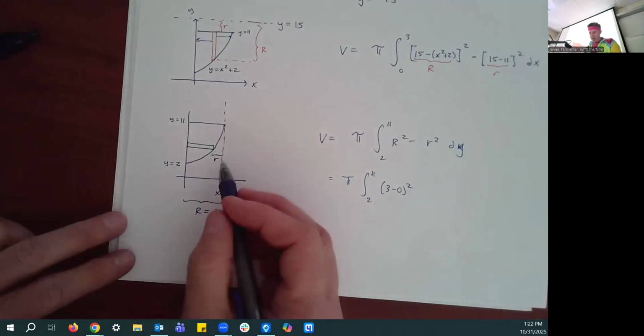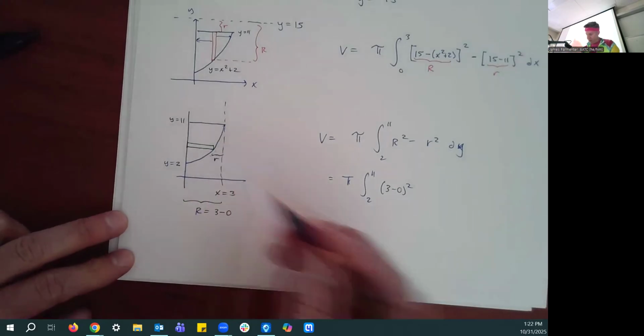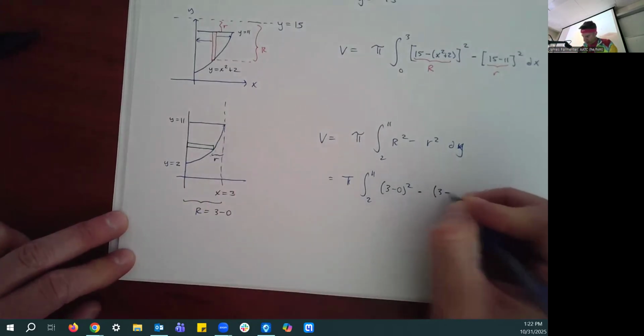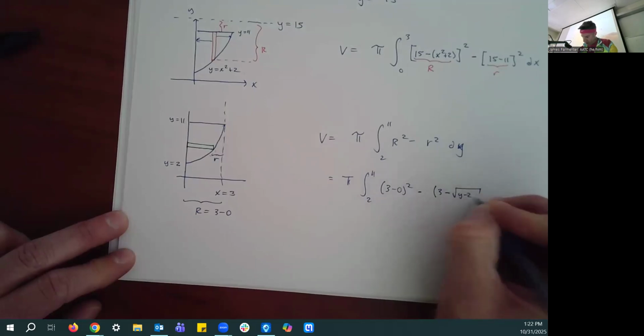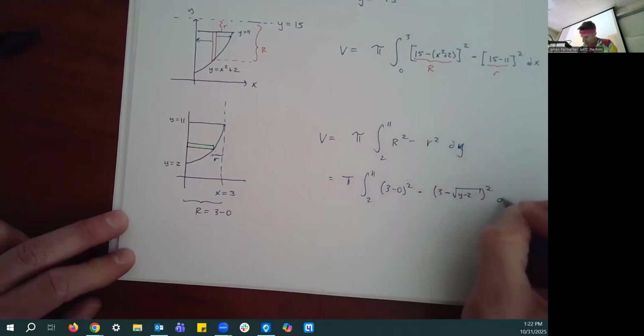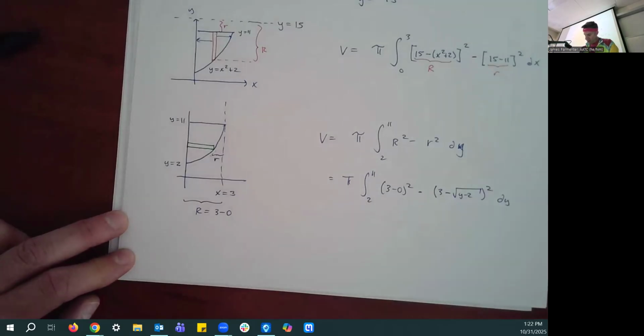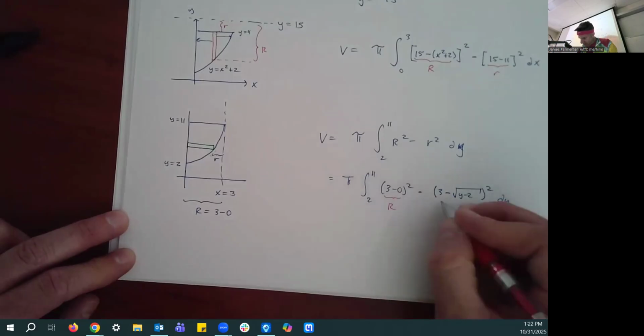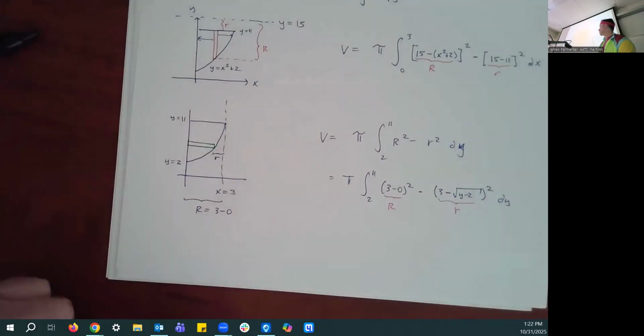It's going to be 3 minus the square root function we came up with before: 3 minus the square root of y minus 2, squared, dy. There's your outer radius. There's your inner radius.